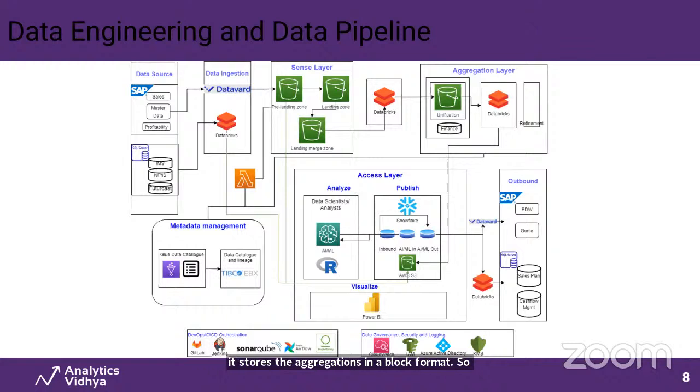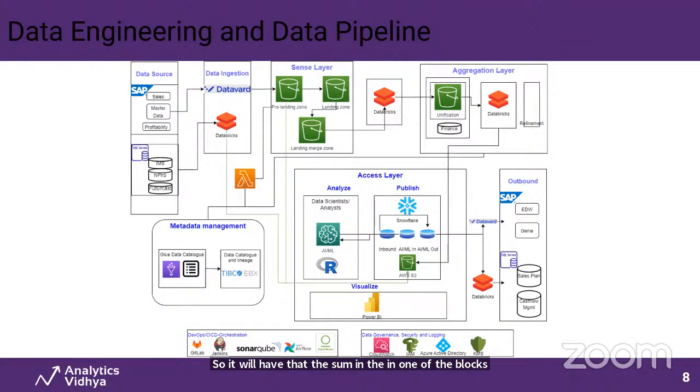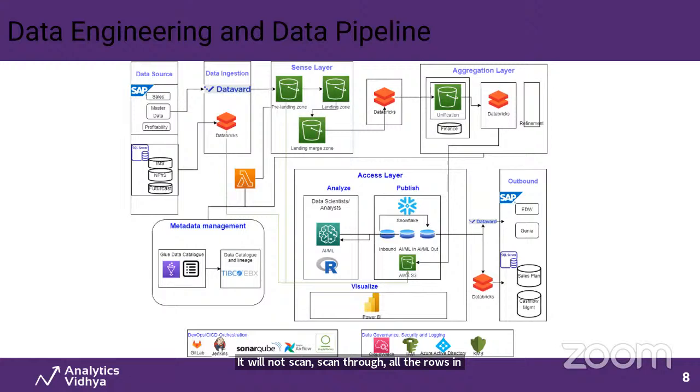So when you want some aggregation, for suppose we want the sum of sales in the table, it will have the sum in one of the blocks, and it will not scan through all the rows available in the table. Instead, it will get the sum from that block.